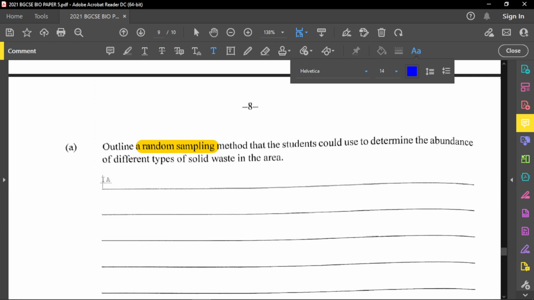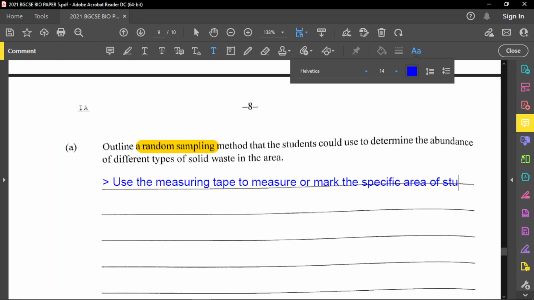So one thing you're going to do is use the measuring tape to measure and mark the specific area of study.